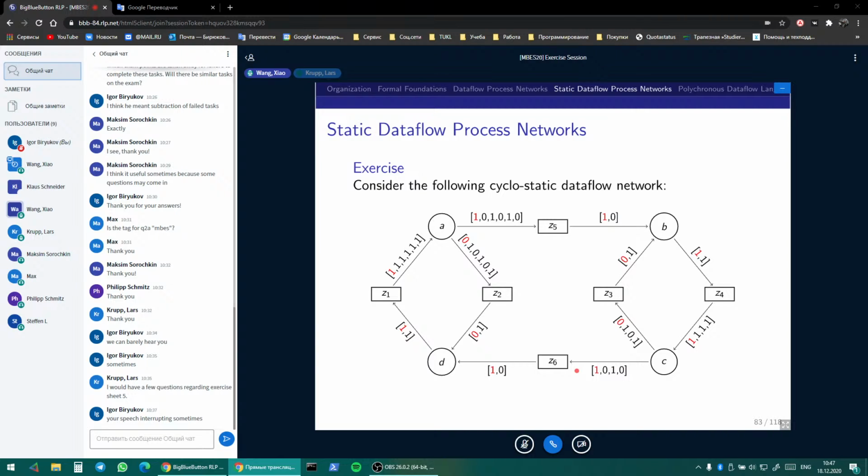And how would it look if it would consume more than 1 token per firing? Then it would be 2, 3, something, 6, and you have a vector of 6. Because here it only says how many tokens are consumed and how many tokens are produced. What these tokens are doesn't matter.